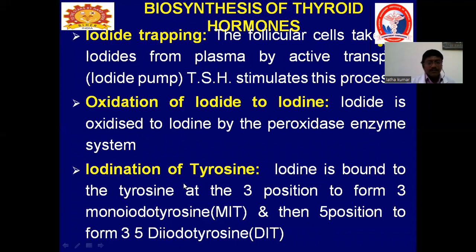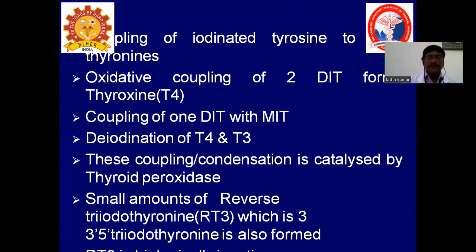The iodination of the tyrosine: iodine is bound to tyrosine at the third position to form monoiodotyrosine, simply called MIT, and then at the fifth position to form 3,5-diiodotyrosine, simply known as DIT, diiodotyrosine.